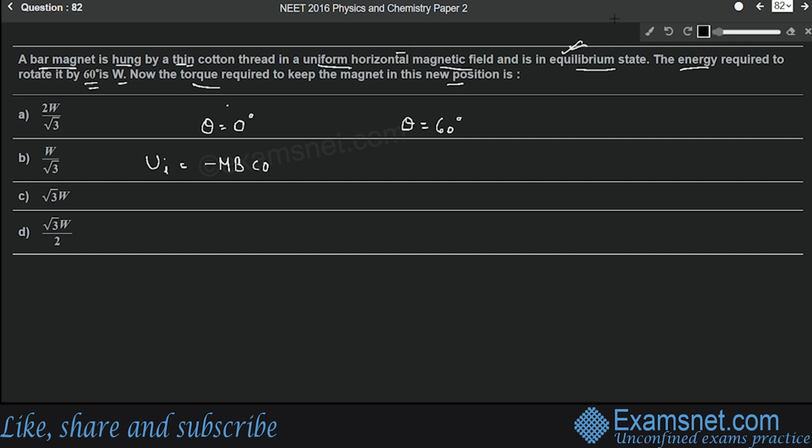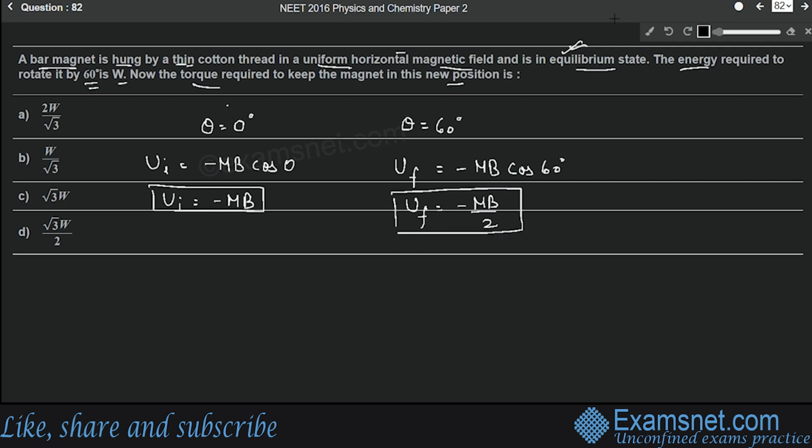So cos theta, theta is 0 degree here, so cos 0 degree means 1. So that is equal to minus mB. This is the initial potential energy. What will be the final potential energy? That means when the angle is 60 degree, this will be equal to minus mB cos 60 degree, and cos 60 degree is equal to 1 by 2. So the final potential energy will be equal to minus mB by 2, okay. So let's say this is number 1, this is number 2.